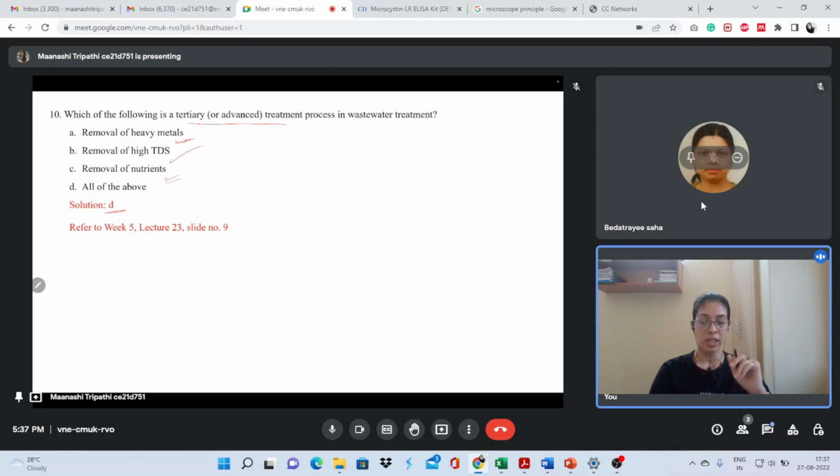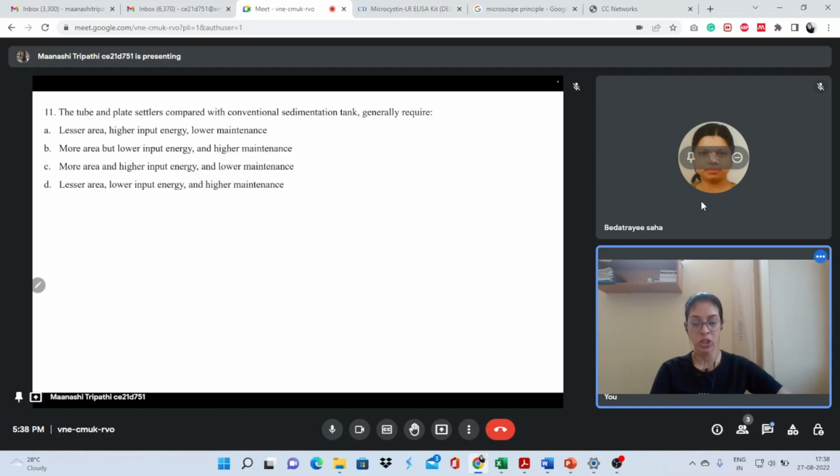There is one nutrient, nitrate. If a baby gets lots of water with this nutrient, their body will turn blue, and they will die. So that is why we don't want this amount of nutrients in our body. Okay, so moving towards the next question.